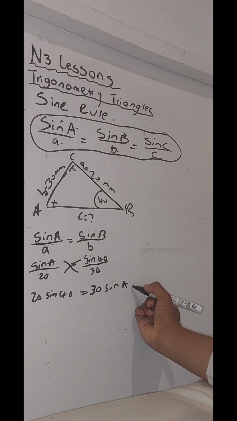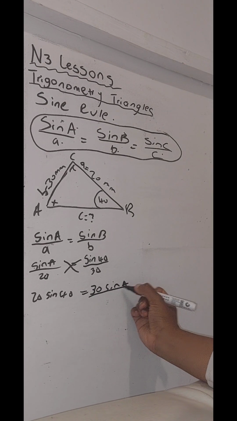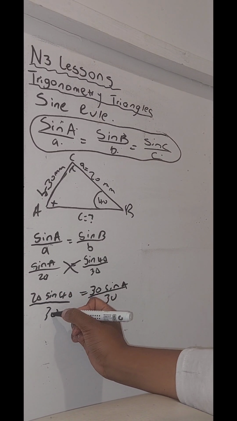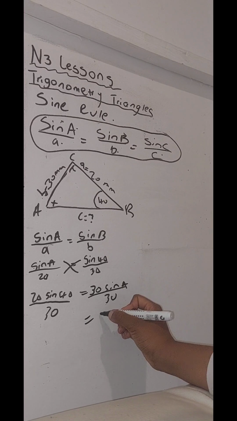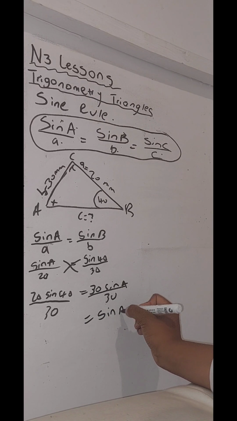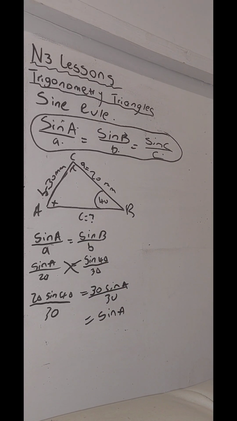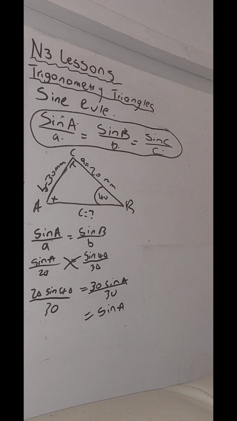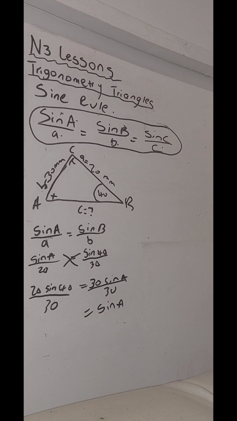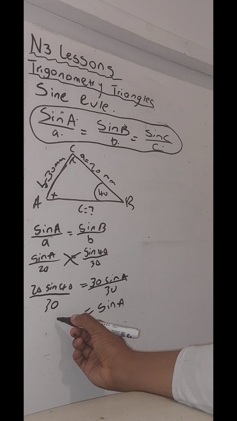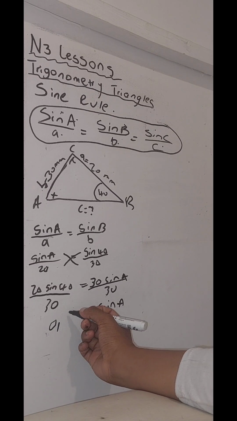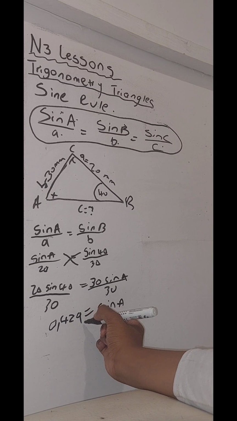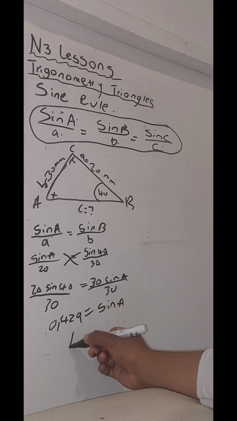So we want to solve for sine A. That means we're going to divide by 30, and sine A will be left. So 20 sine 40 divided by 30, guys. Let's try to find it. My answer is 0.429. And we're going to move on.